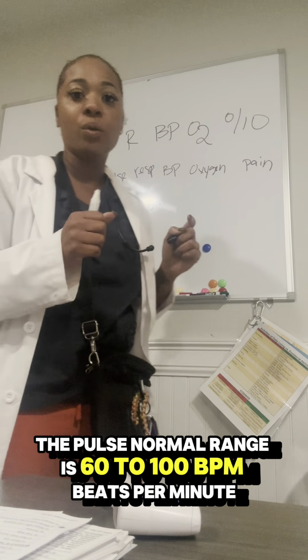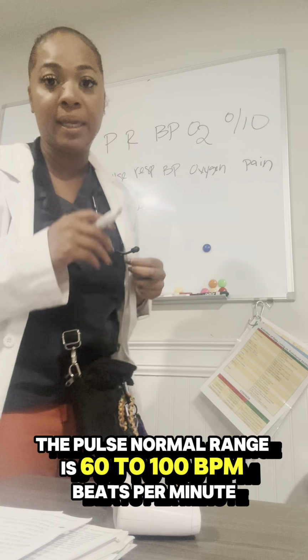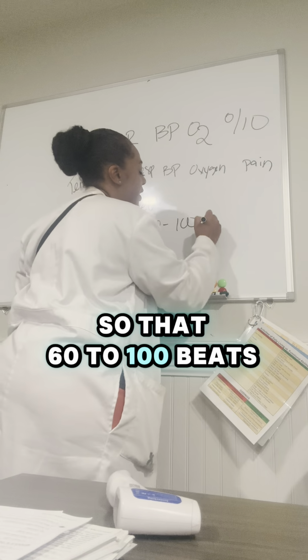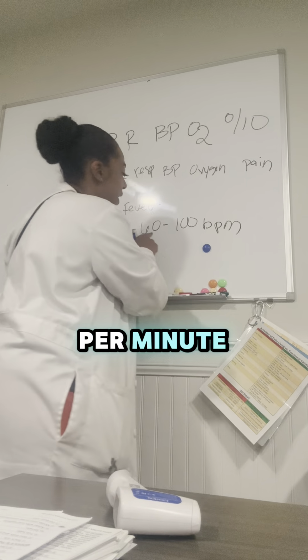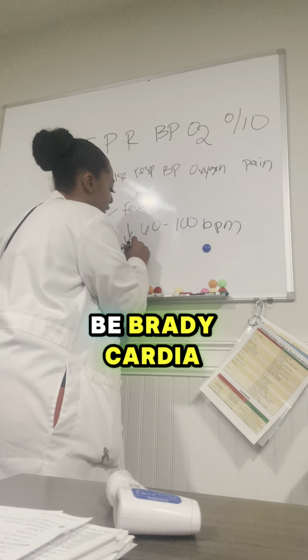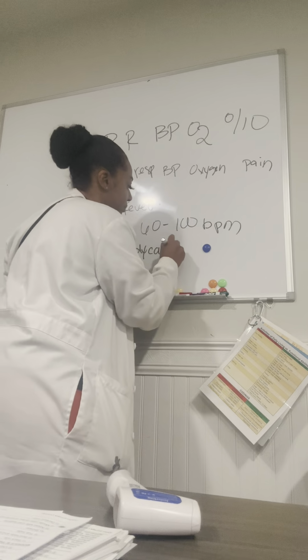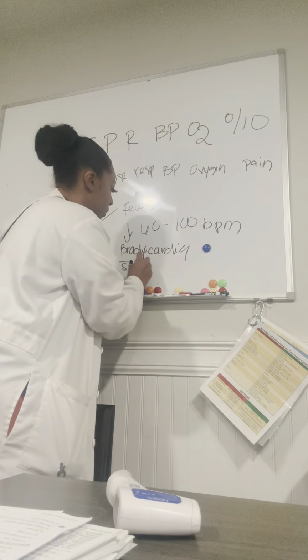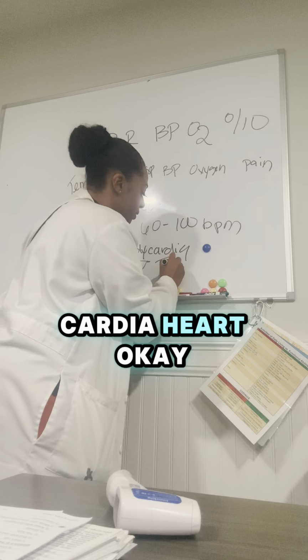The pulse, the normal range is 60 to 100 BPM, beats per minute. So that's 60 to 100 beats per minute. Anything below 60, that's going to be bradycardia. Brady is slow. Cardia, heart.